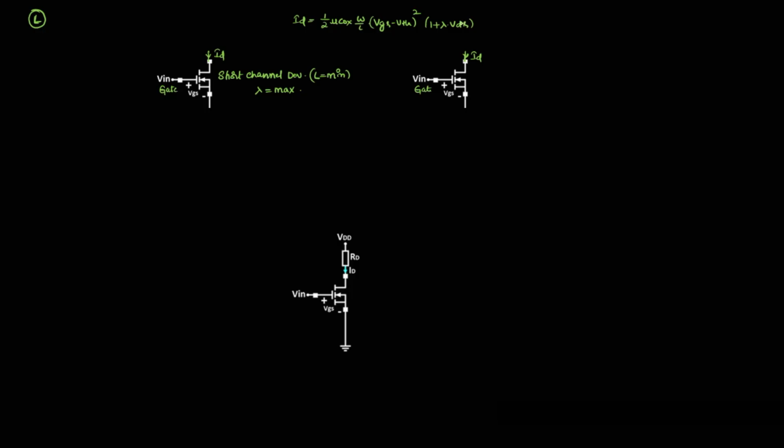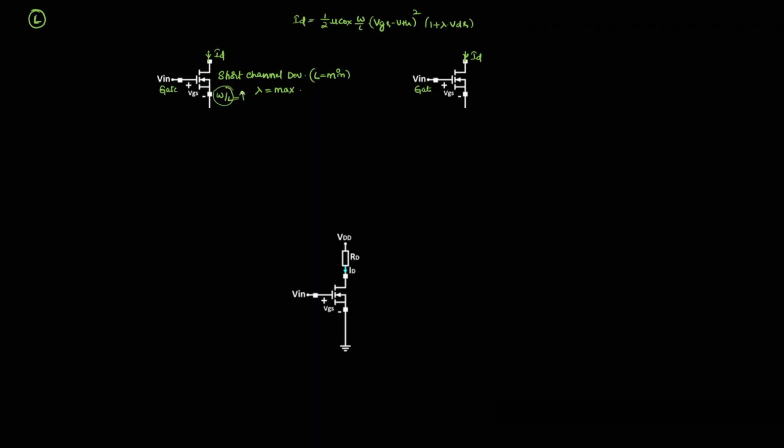Then what happens is the control of the current flow is by the gate terminal as well as the drain terminal. That is the problem we'll be facing, but we'll get an advantage: where the length of the device is small, the W by L quantity will be very high.